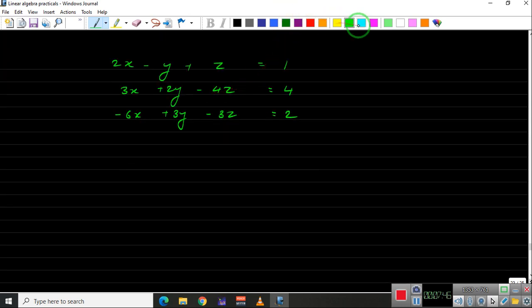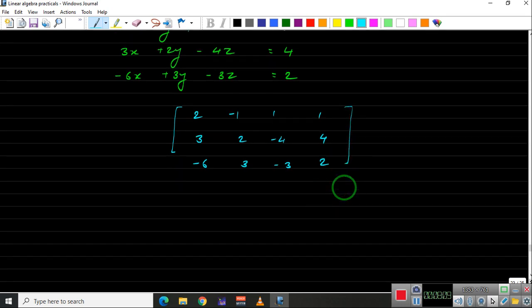The augmented matrix for this is: 2, minus 1, 1, 1; 3, 2, minus 4, 4; minus 6, 3, minus 3, 2.